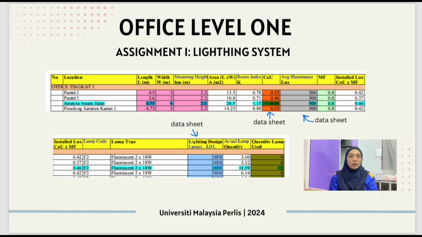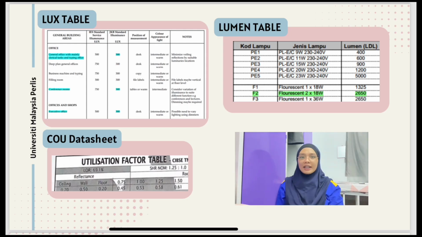For actual lamp quantity, we also have a formula: lux multiplied by length multiplied by width, divided by lighting design lumen multiplied by COU and multiplied by maintenance factor MF. The maintenance factor value is fixed at 0.8, so from the formula we can get the quantity of lamps used. For the next slide, this is the lux table, lumen table and COU datasheet that we use in this assignment.